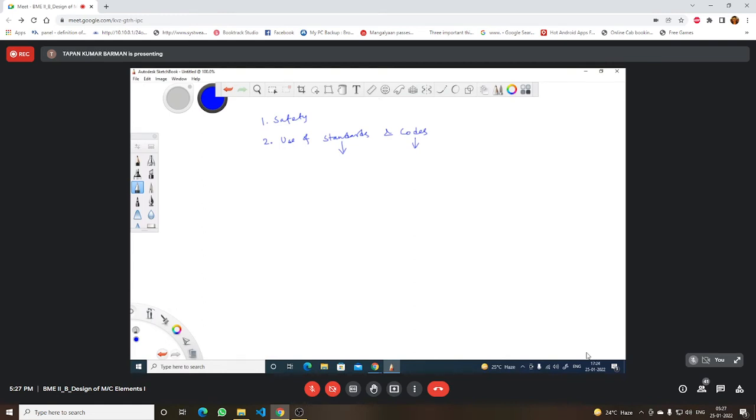Also, if from a design calculation your dimensions are coming at, say, 16.5 millimeter, 19.5 millimeter, 22.1, then for the bolt, we do not use these calculated dimensions. What we do? Always we try to select one standard value, standard dimension. And by choosing the standard dimension, we can reduce the cost of the product also.